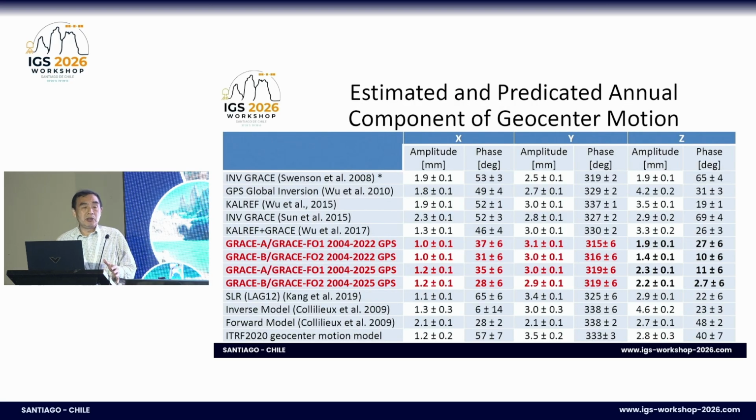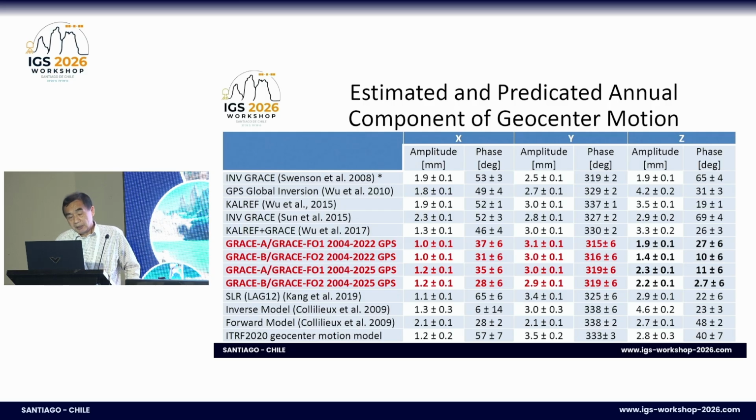This table compares our solution with the recent XYZ. You can see in the X direction there are 2 groups: one is about 1 millimeter, the second is about 2. With our solution, we have GRACE A and GRACE B, so we can separate them for internal comparison, and at the same time I also use different time periods, because for these different time periods the results differ a little bit.